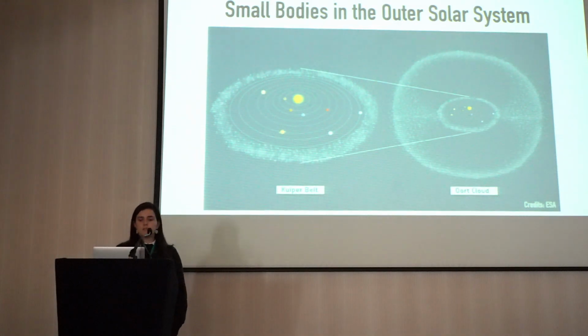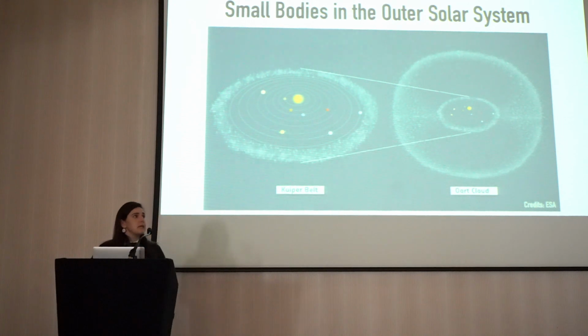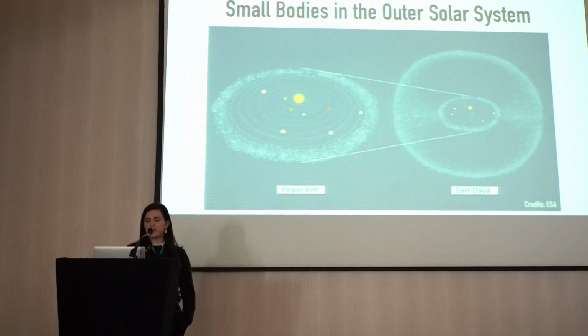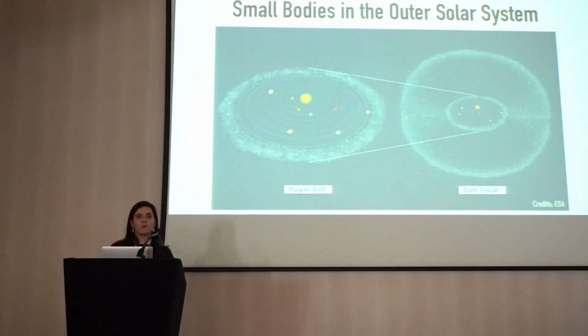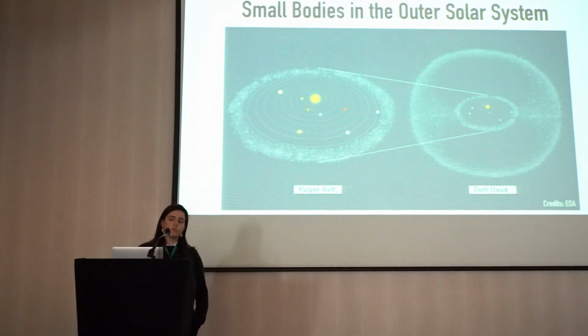And in the outer solar system we have other major populations, so that is the Kuiper belt or the trans-Neptunian region, where we have a donut-shaped structure of thousands of objects beyond the orbit of Neptune, and also it extends from between 1,000 up to 100,000 astronomical units from the Sun, where we have the Oort cloud, which is the sort of population of the long-period comets, which we'll talk about.